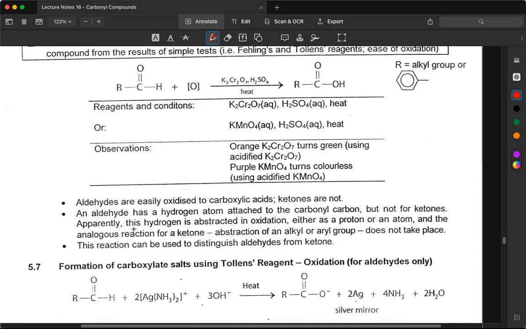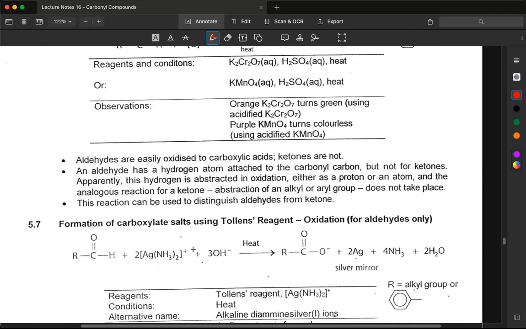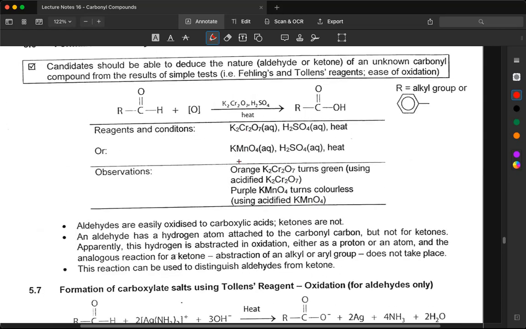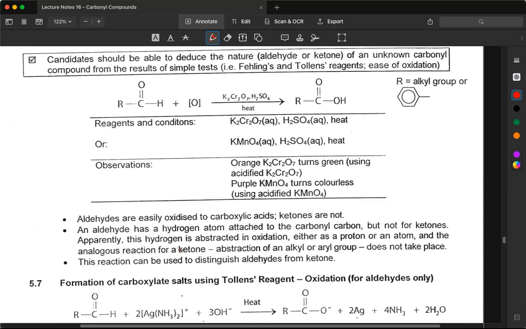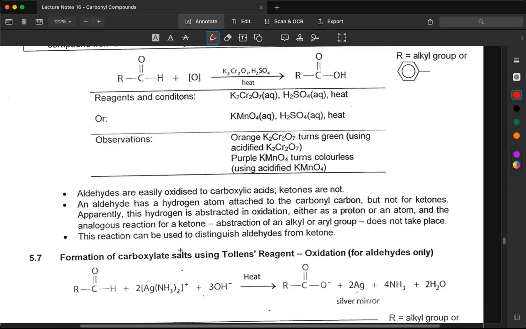Just take note that aldehyde will be oxidized to carboxylic acid because this hydrogen is extracted in oxidation, either as a proton or atom. But you don't see that happening with ketone because they do not have the H that will be removed in the oxidation process to form carboxylic acid. So this reagent can be used to differentiate between aldehyde and ketone because ketone cannot be further oxidized.